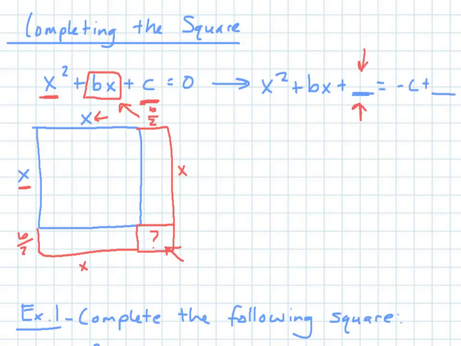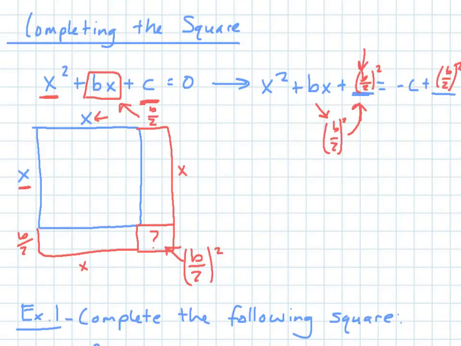And so then that ends up being b over 2 times b over 2, which gives you b over 2 squared. Okay, so whenever we take this, we'll put b over 2 and put it there. Okay, and that'll help us to complete the square.